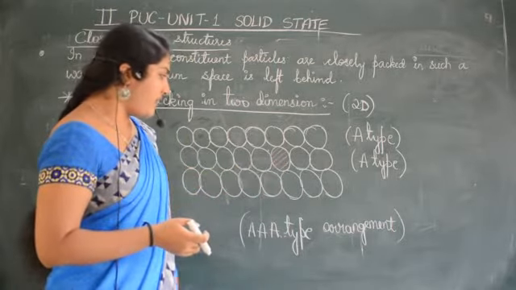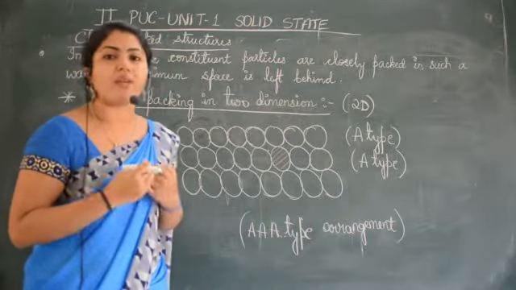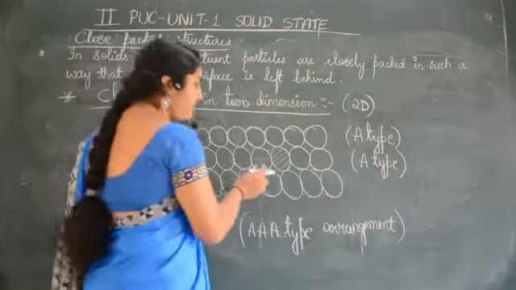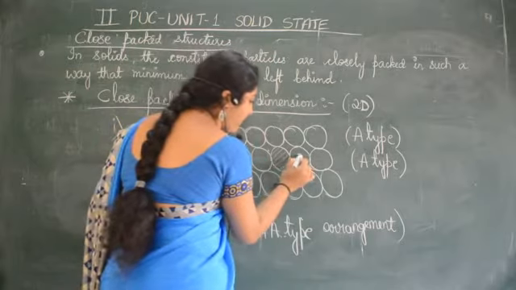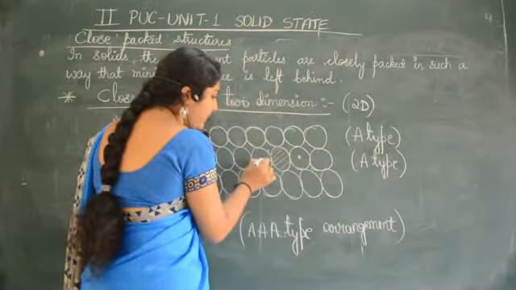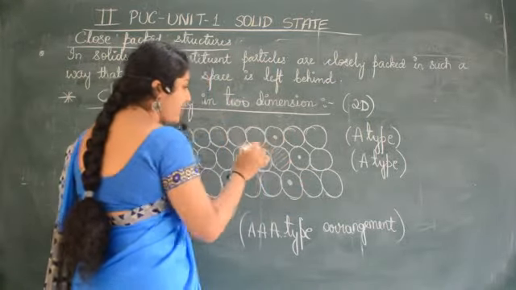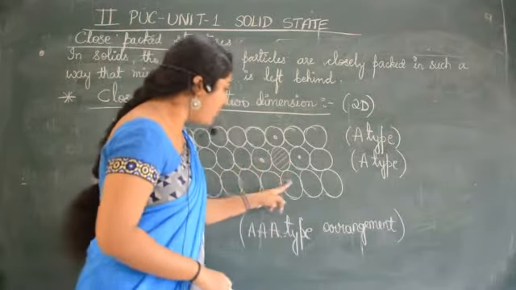How should I find the nearest neighbor for that? Which is attached to it, which is closely packed with it. So, see, this is attached to this one. One more here. One more here below. One more here. Isn't it? So, how many? 1, 2, 3, 4.